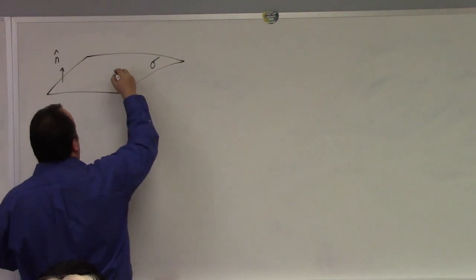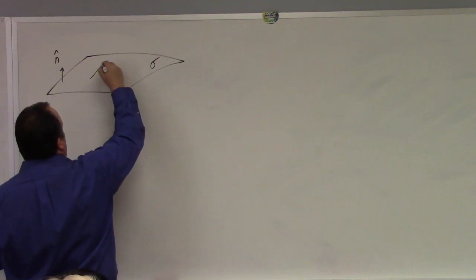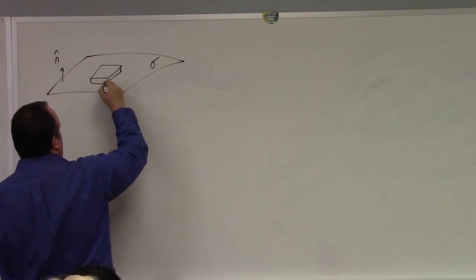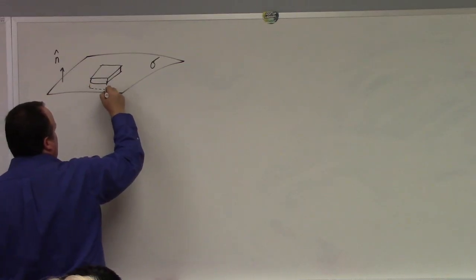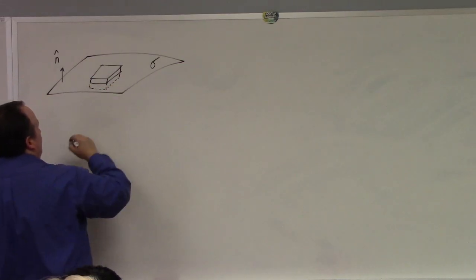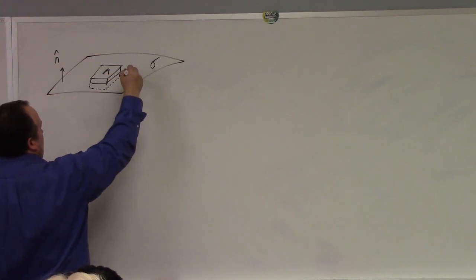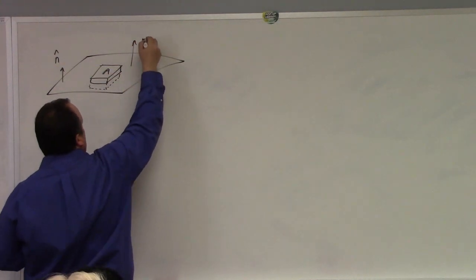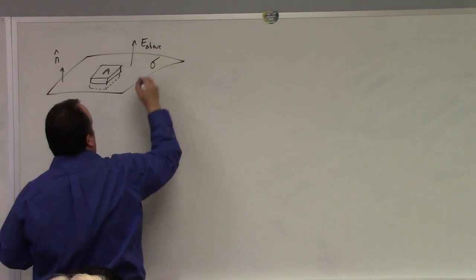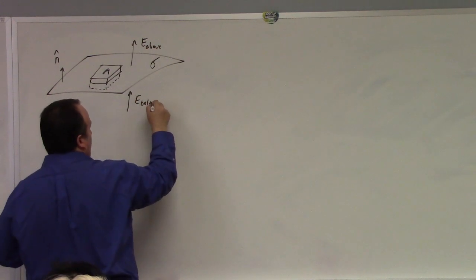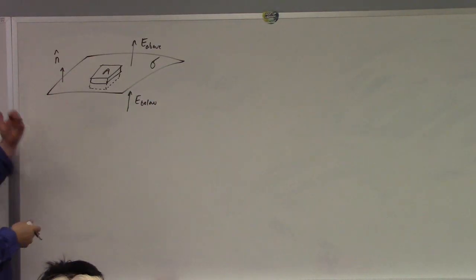If we think about a little pillbox, as I think Griffiths tends to call it, with cross-section A, we can think about the electric field above and the electric field below, taking up as the positive.